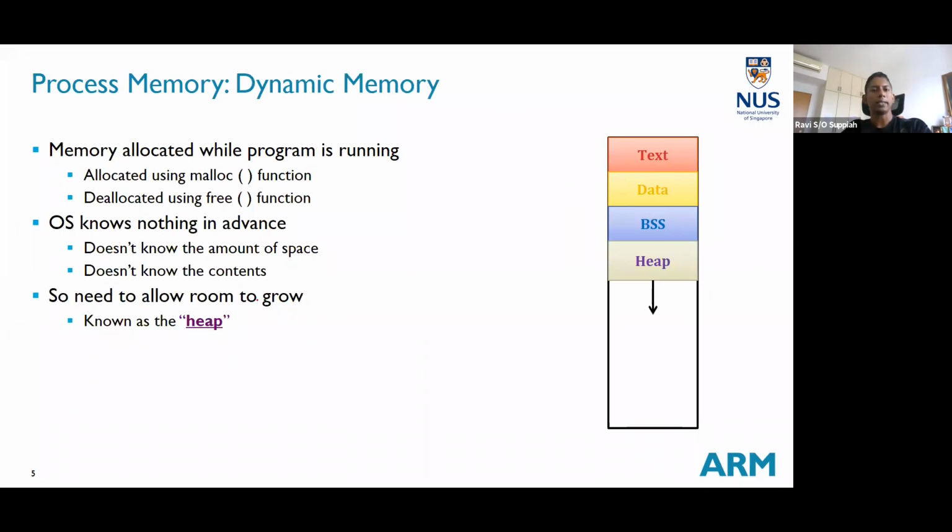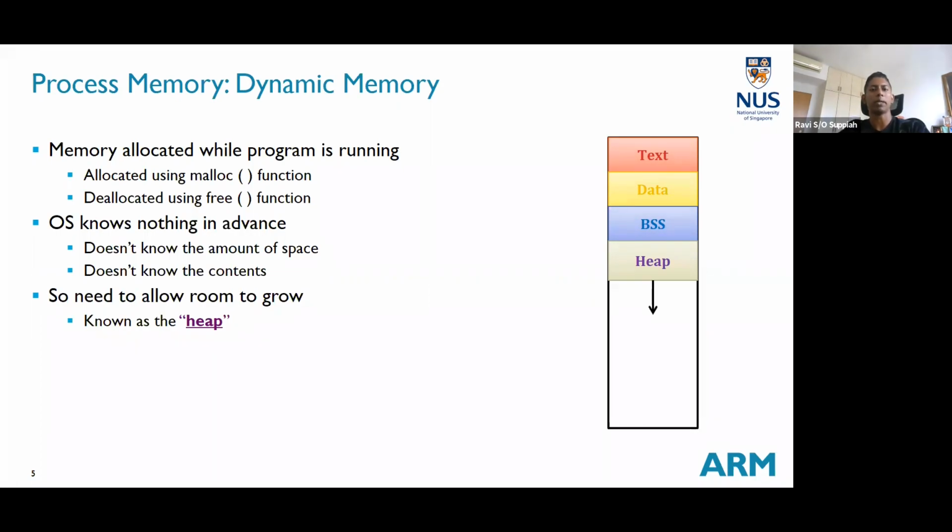The next one is dynamic memory. In dynamic memory, memory is allocated during program run. For example, you have some incoming image data, an image signal, and you do some signal processing. You may not know how much memory you need until that raw image information is available.